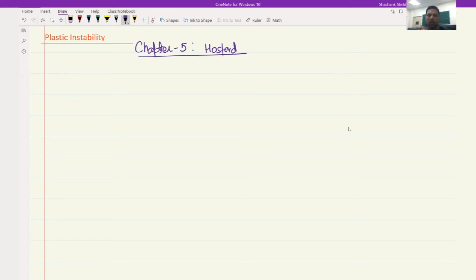So we are talking in terms of the overall component and not the local stresses. Local stresses are of course increasing. So plastic instability relates to a condition of plastic deformation at which the deformation would continue under a falling load. That is a working definition.